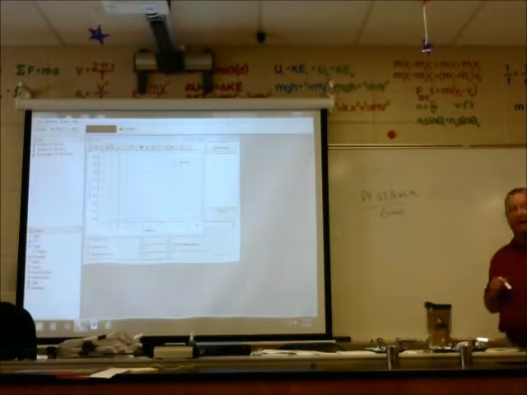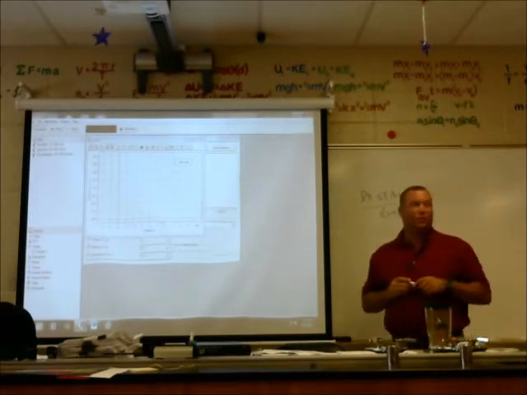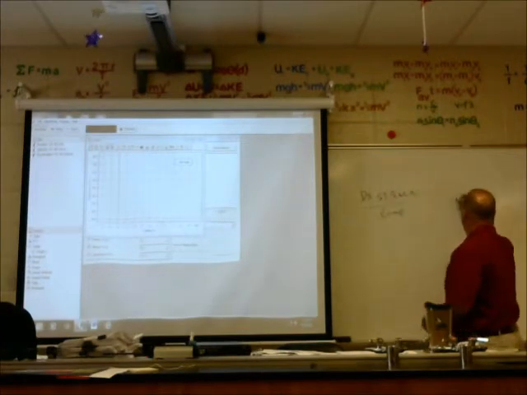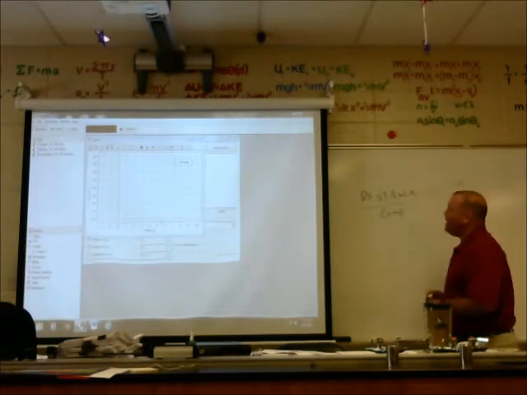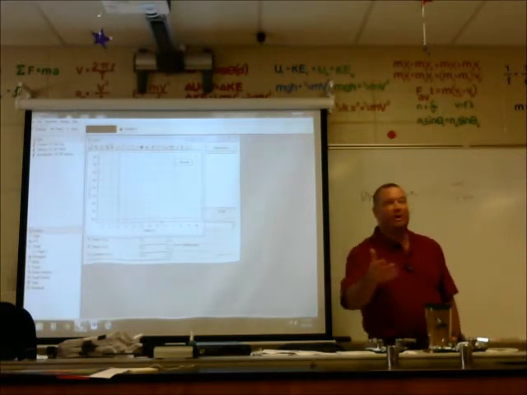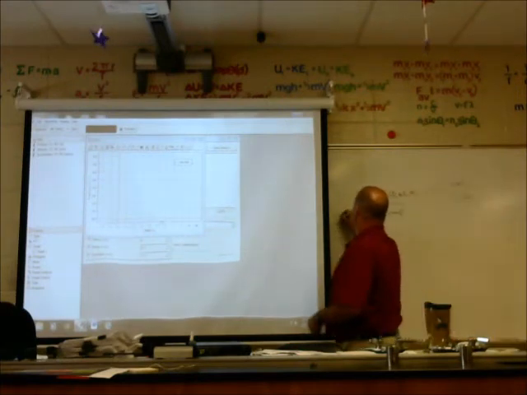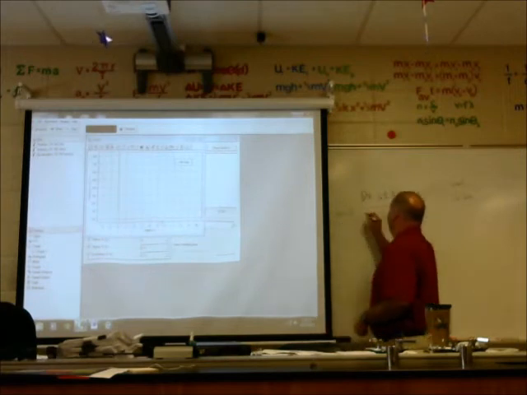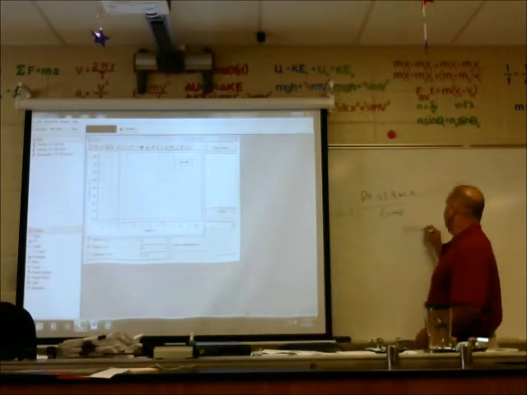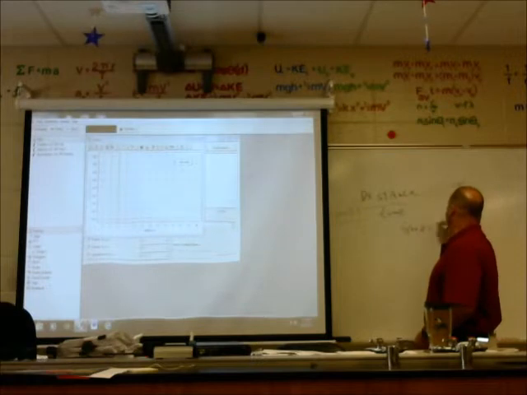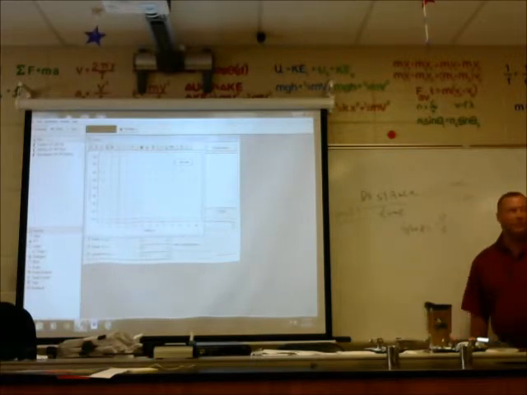Is it necessarily velocity? Ooh, acceleration, good terms. Acceleration, velocity. But what is that basic ratio of distance over time? Speed, right? So speed equals distance over time.